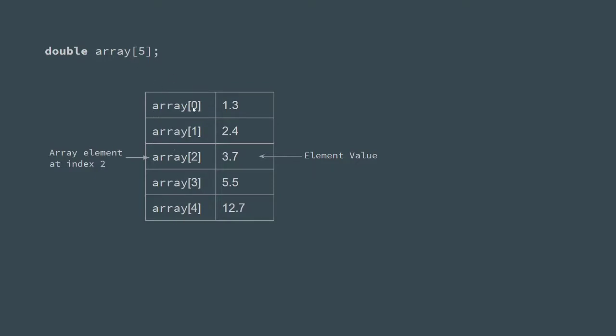So this is array at 0, and if I choose, I can set the value to 1.3, and so on and so forth. This array element is at index 2, and this is the value at index 2. So this is conceptually what we are doing with an array, which is grouping everything together. Now let's learn how to work with them in C++.